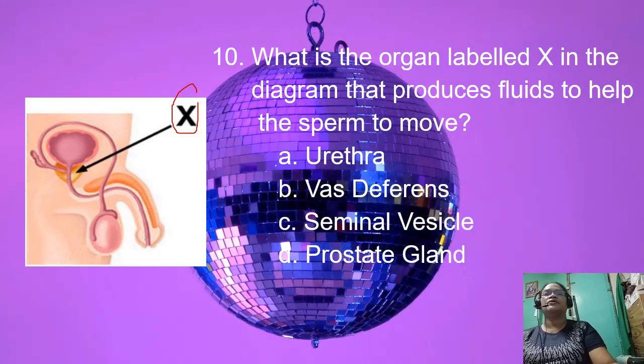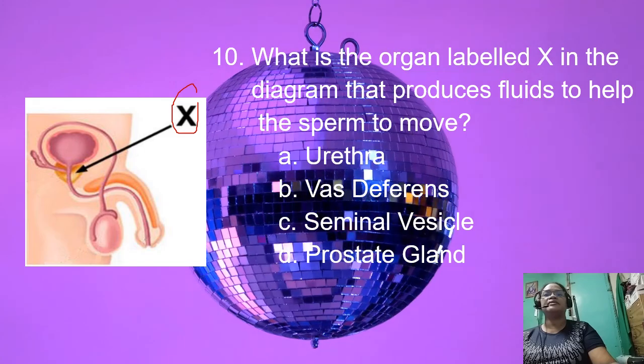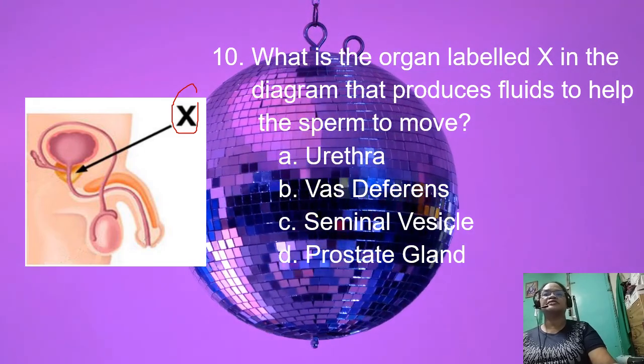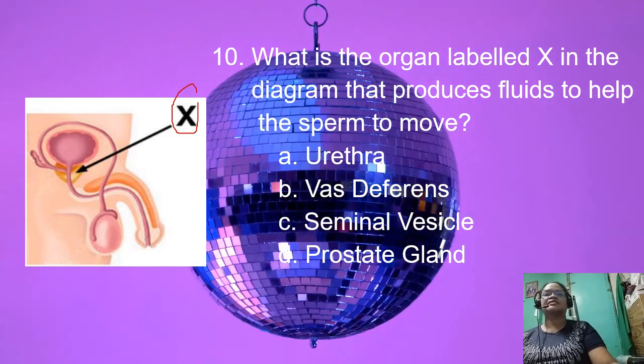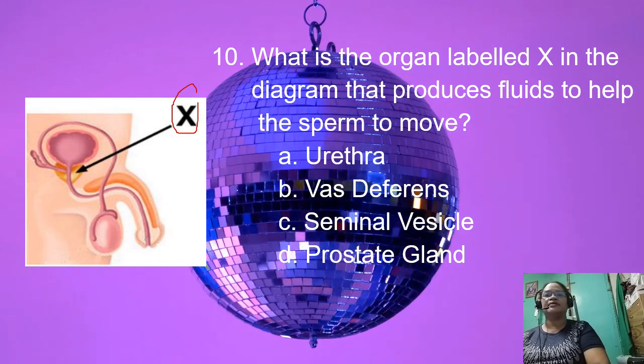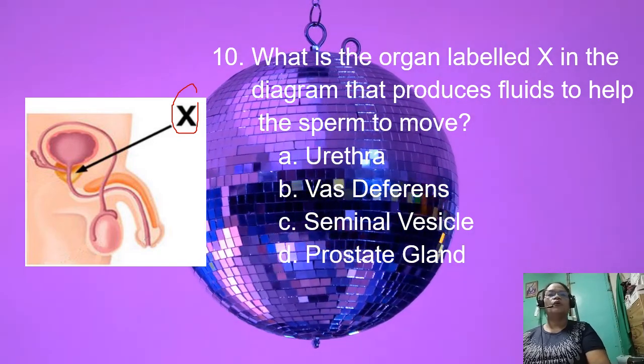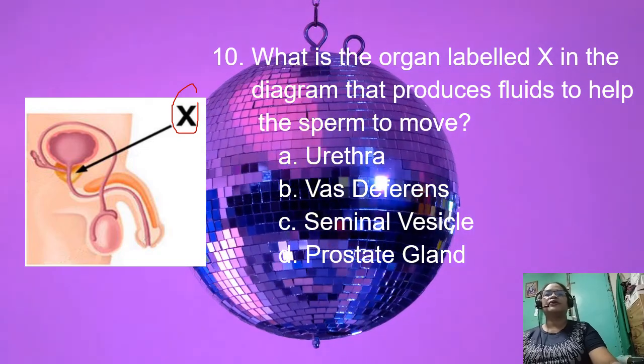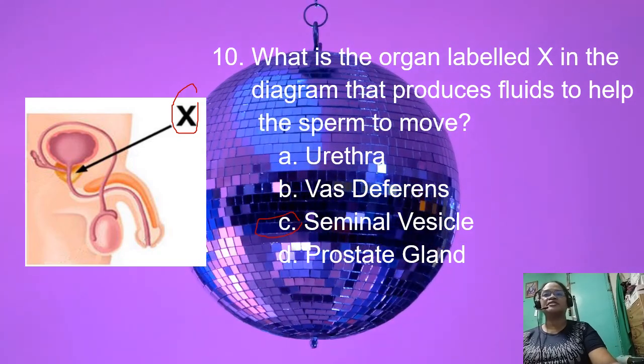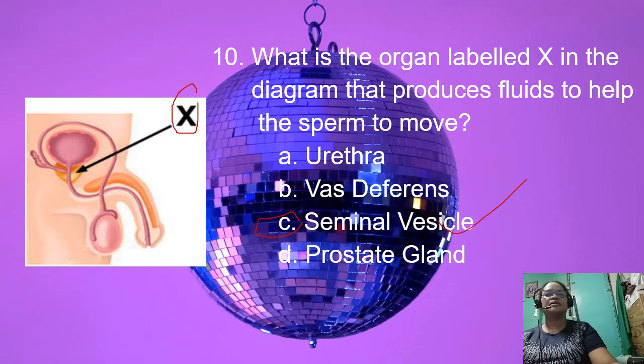A. Urethra. B. Vas deferens. C. Seminal vesicle. D. Prostate gland. What's the answer? Very good. Letter C. It's the seminal vesicle.